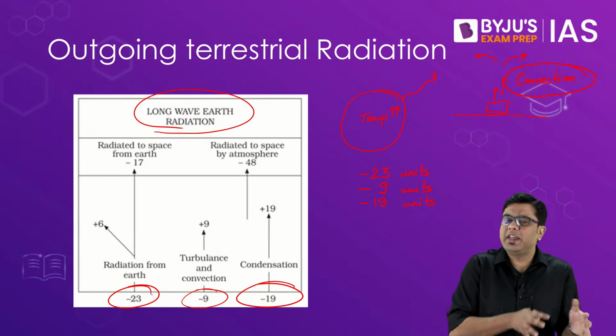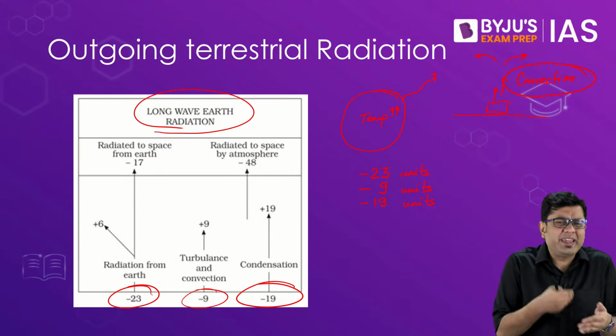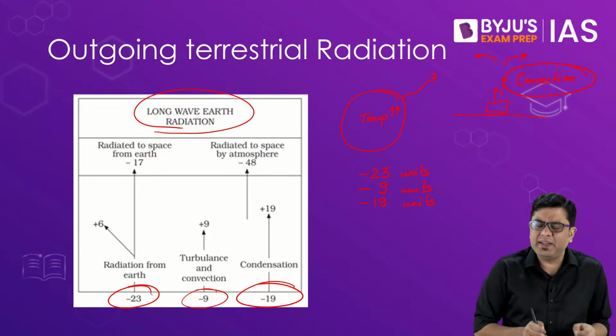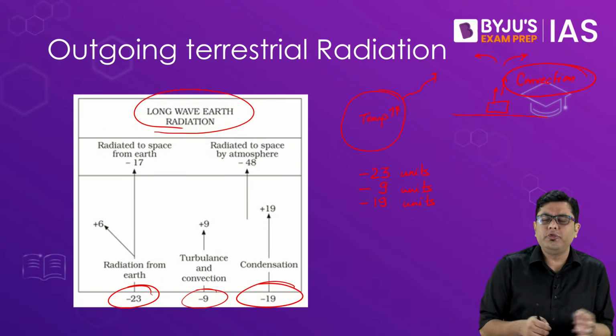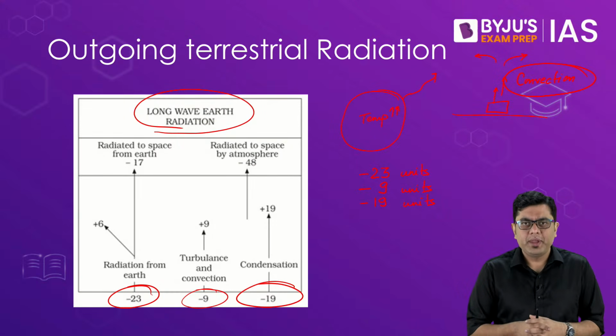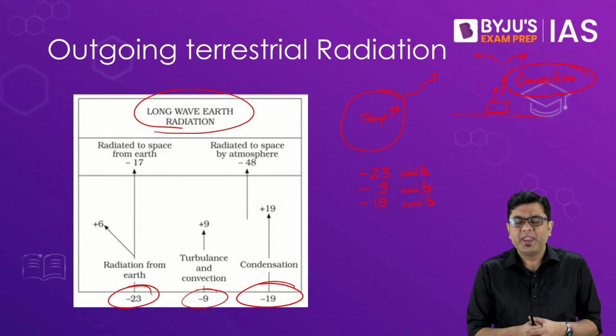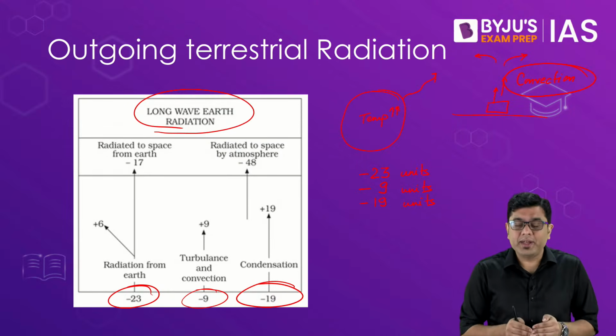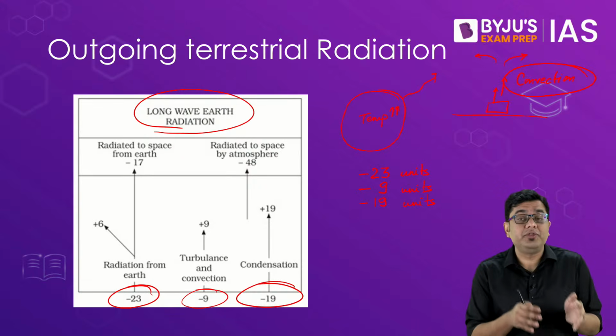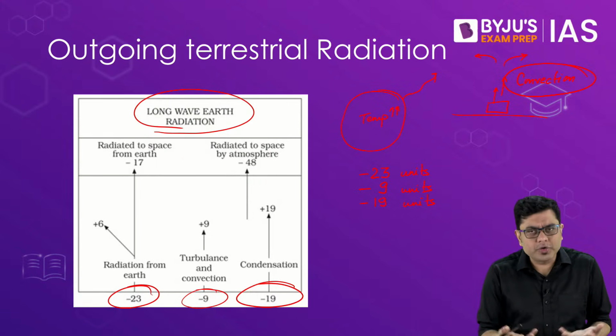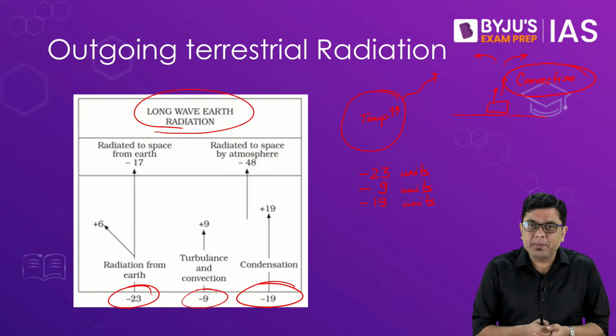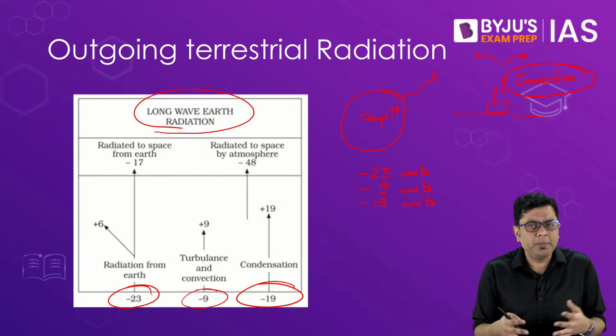Now here, please don't get confused about how we get these numbers. How do we know it is 23, not 22, not 21, not 24? As I told you before, this data point is derived after a host of different climatic experiments which have been conducted over a long period of time.